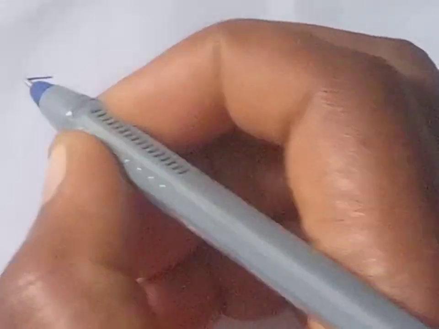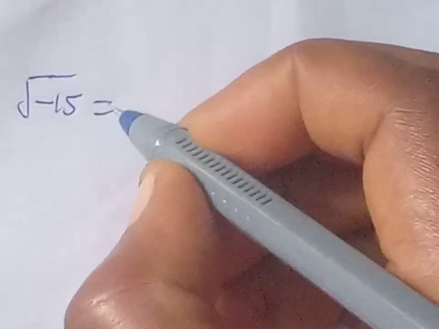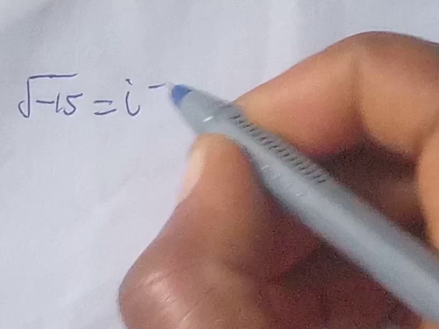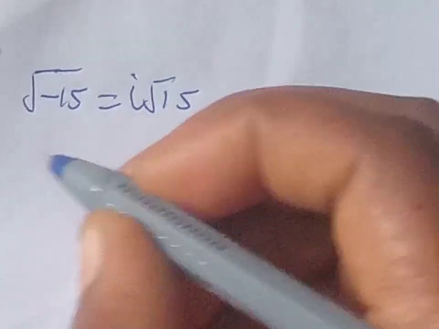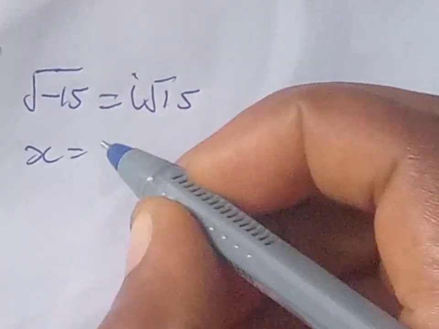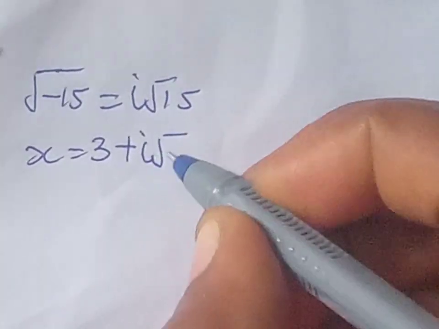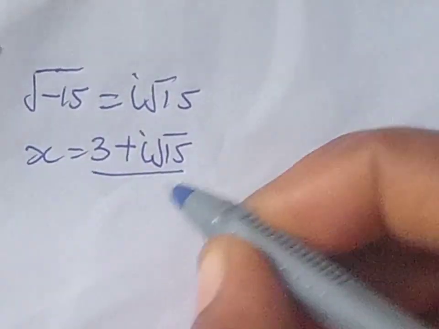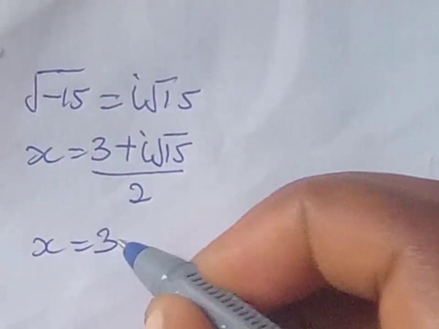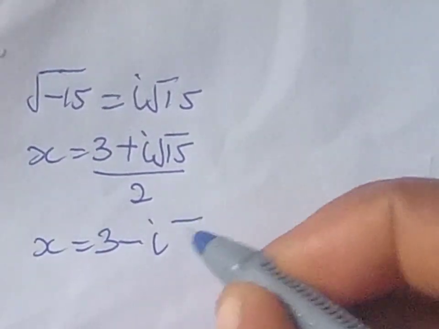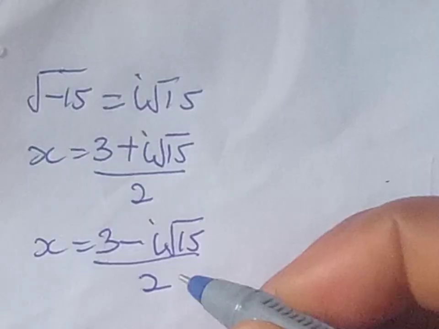Since square root of minus 15 equals i times root 15, the remaining solutions are x equals 3 plus i times root 15 divided by 2, and x equals 3 minus i times square root of 15 divided by 2.